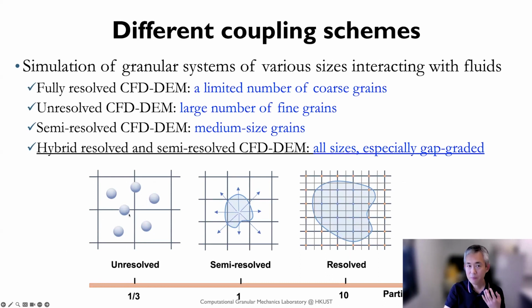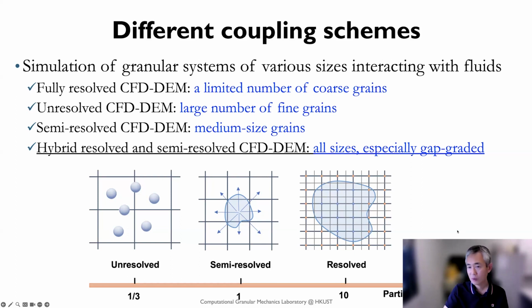Okay, and then meanwhile we have developed other different coupling schemes, and one coupling scheme is called fully resolved, on the right here. So what is a fully resolved CFD-DEM coupling? Basically, even in the debris flow case, we have a case where there's a big boulder. The size is so big, right?